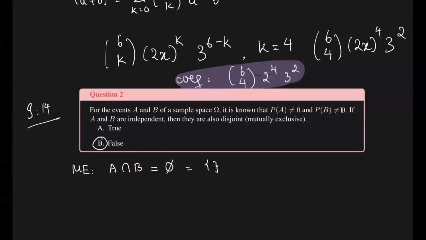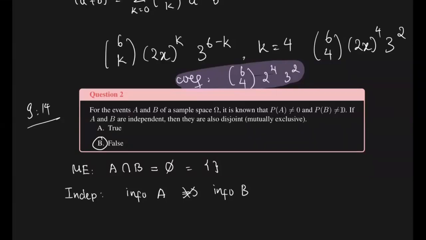So mutually exclusive means that if A happens, then B cannot happen. And if B happens, then A cannot happen. However, for independent, it means that if we know some information about A, it does not change any information about B. It does not give us any further information about B, which means that it does not increase or decrease the chance that B happens.